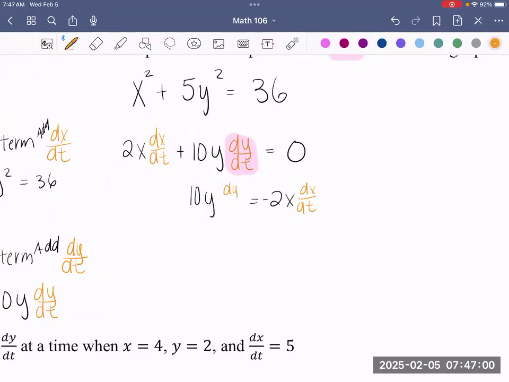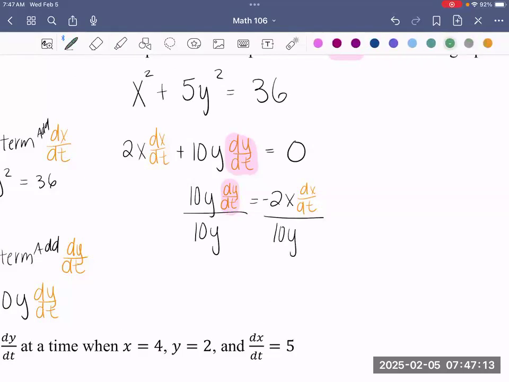We still have dy/dt here that we're solving for. Now let's isolate it: divide and simplify. So you have dy/dt equals, with dx/dt over here, negative x over 5y.